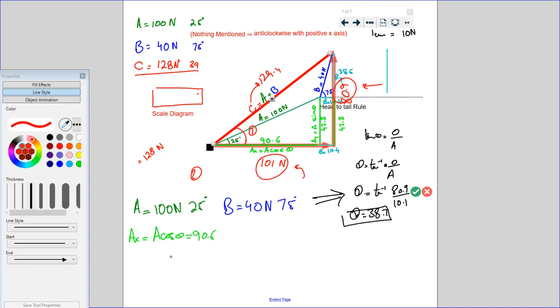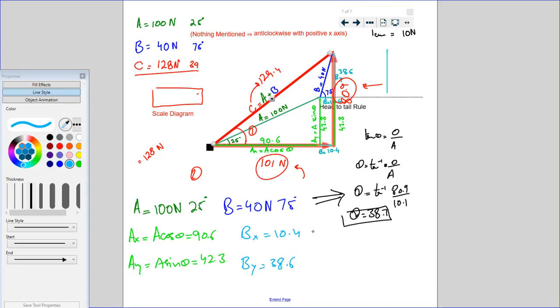And AY is A sine theta in this case, which is 42.3. Once we're done with this, we do the same thing with the B components. We work out BX, which was 10.4, and BY, which was 38.6, using the same B cos theta and B sine theta.